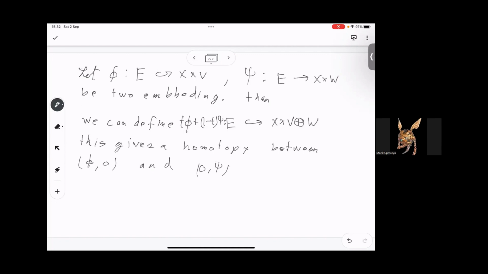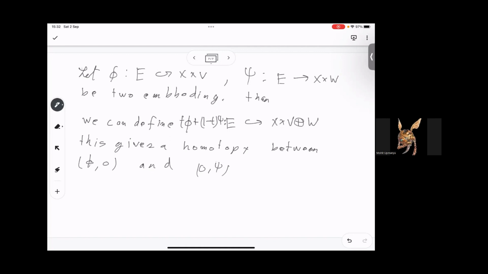So now we are seeing some kind of homotopy coming here. So we could obtain that if we have 2 different embeddings, they must necessarily be homotopic in a sufficiently large dimensional space.